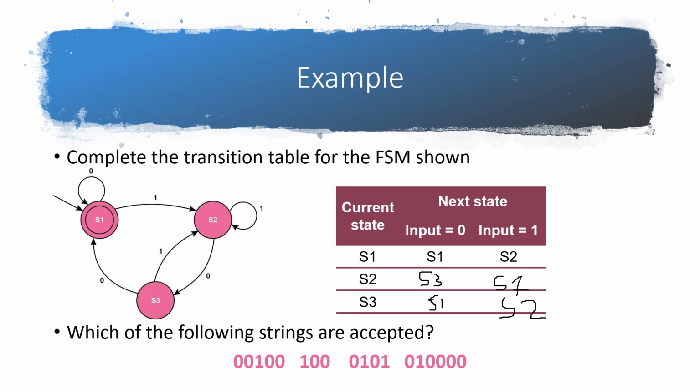So the first 0 is going to stay on S1. The next 0 means we're also staying on S1. So we're going to stay on S1. The 1 is going to use this transition onto S2.